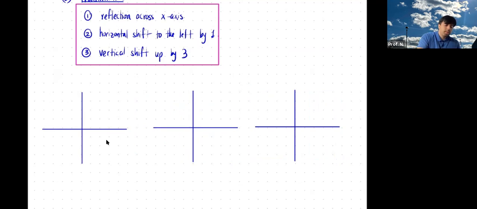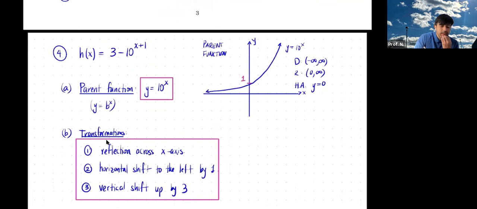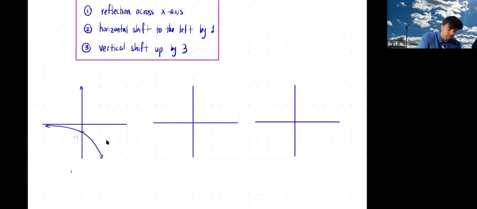Okay, so what's the first thing I do? I reflect across the x-axis. And what am I reflecting? I'm reflecting the parent function. So I'm going to have something at -1 instead that crosses the y-axis. So that's y equals -10 to the x.